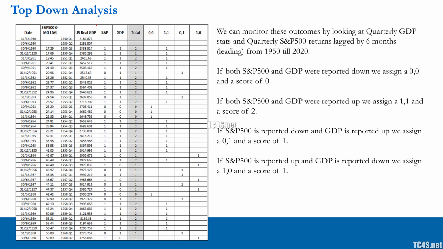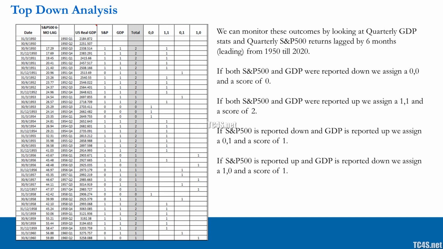So if, for example, both the S&P 500 data and the GDP data were reported down, we assign a 0-0 scenario. If the S&P 500 and GDP were reported up, we assign a 1-1 score.